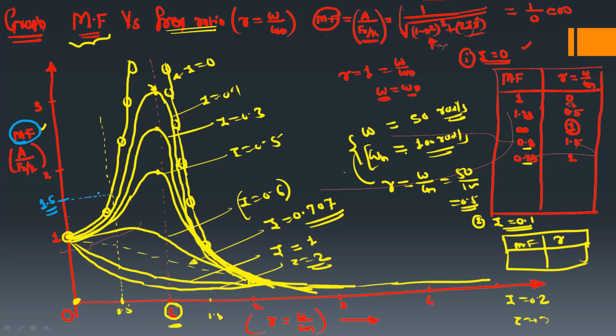So how much damping is required in that machine, you can find out by using this graph. Okay. So this is the physical significance of this graph. This is not just a mathematical figure. By using this diagram, you can select the proper value of damping in your system. So this is the value here.